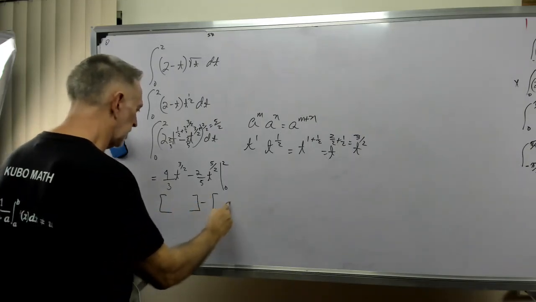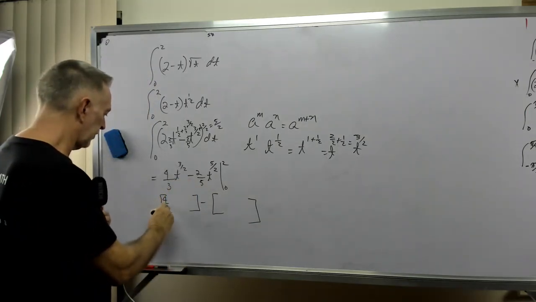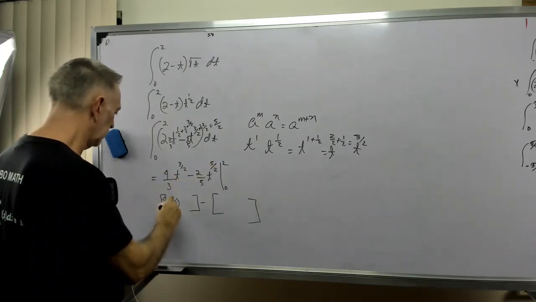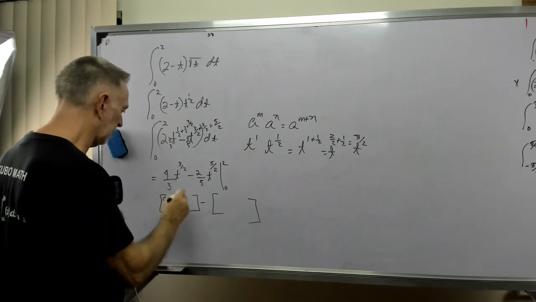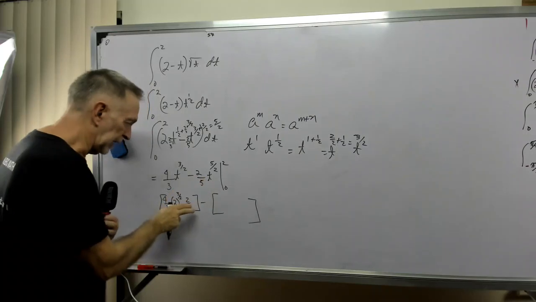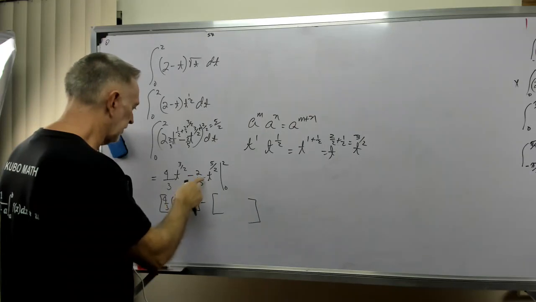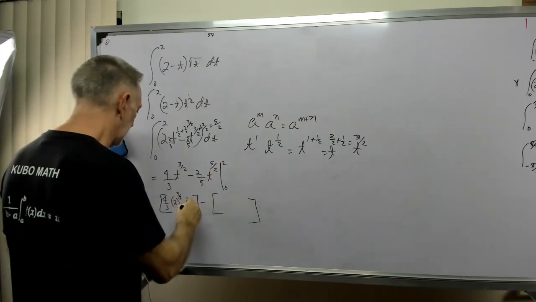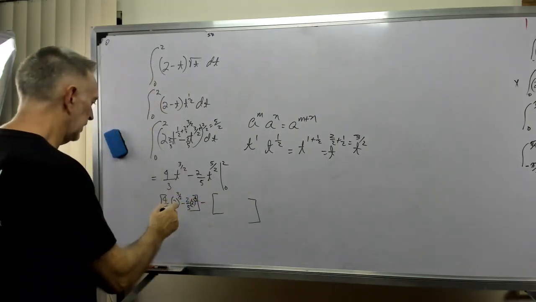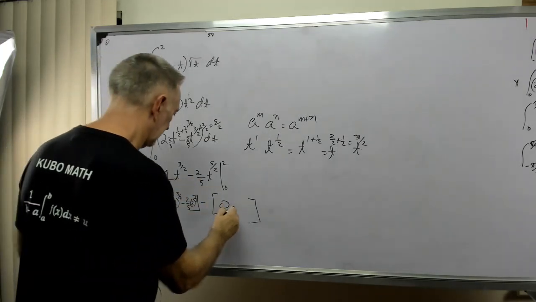All right, let's put our boxes out here because we've got a lot going on. 4/3 times 2 raised to the 3/2 power, minus 2/5 times 2 to the 5/2. I'm still in big F of b. Minus, oh, this is good, 0 times here and 0 times there.